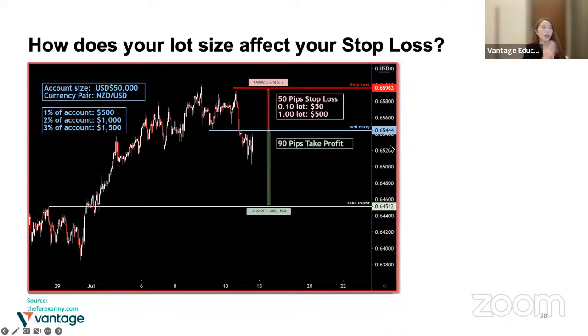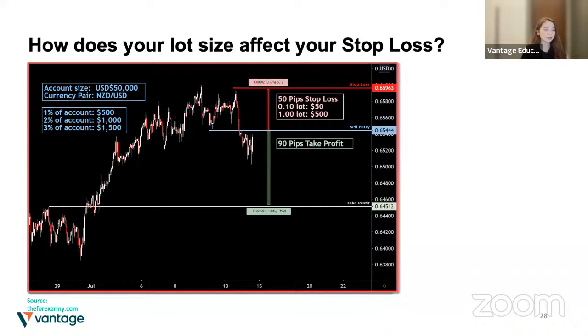So obviously the lot size will affect how far your stop loss is. For example, if your stop loss is even closer, you could go in with a higher lot size, right? Because your stop loss would allow you to cut down your risk of losing more of your capital.